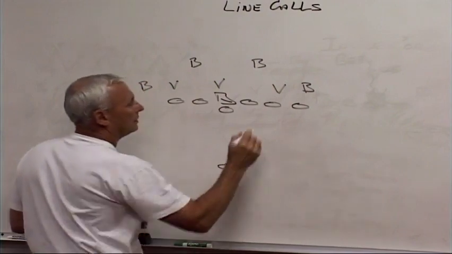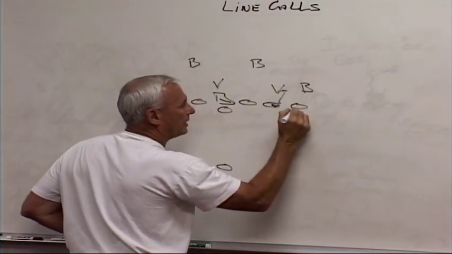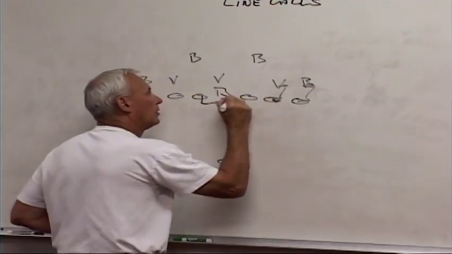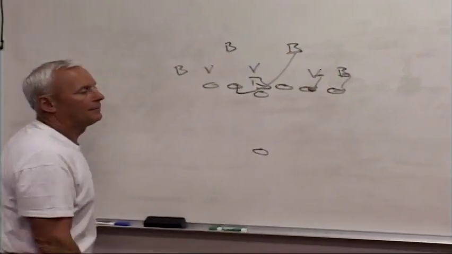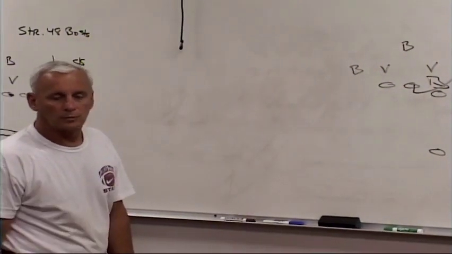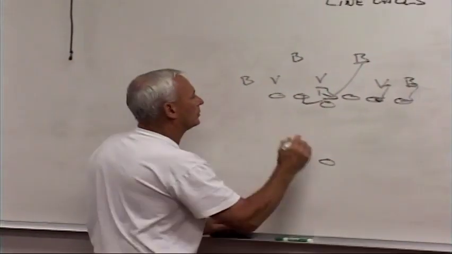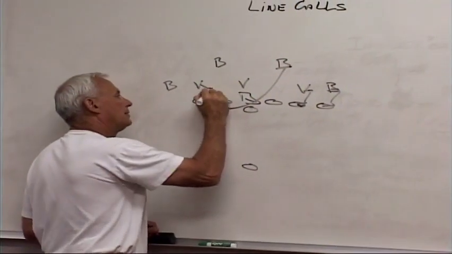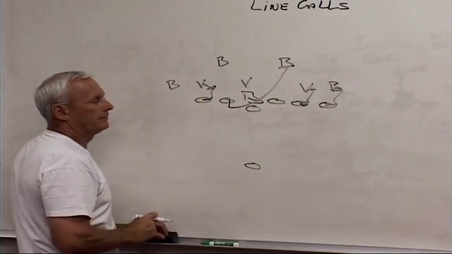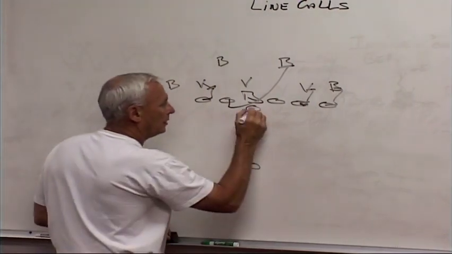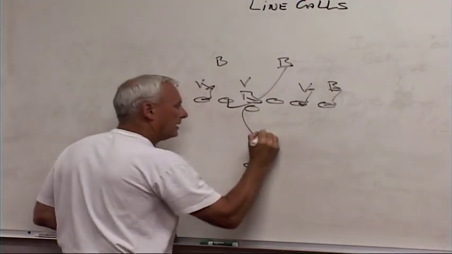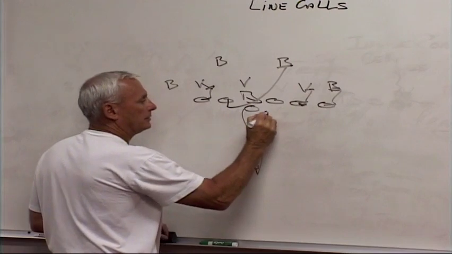Okay? We're going to come off here and reach that, and we're going to pull that guard around and trap that linebacker on the power. We want this tackle to step in here and get this 5 technique right there. We're going to reverse, hand the ball here in the A gap and run it.